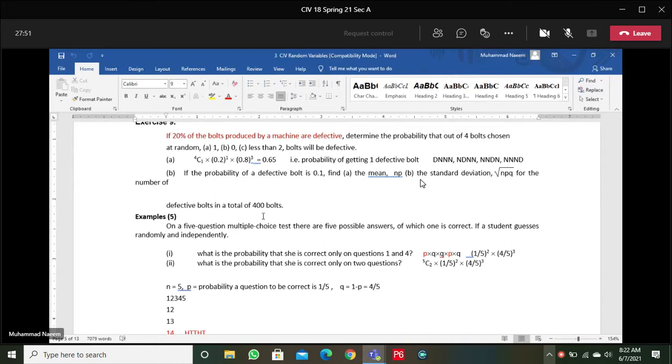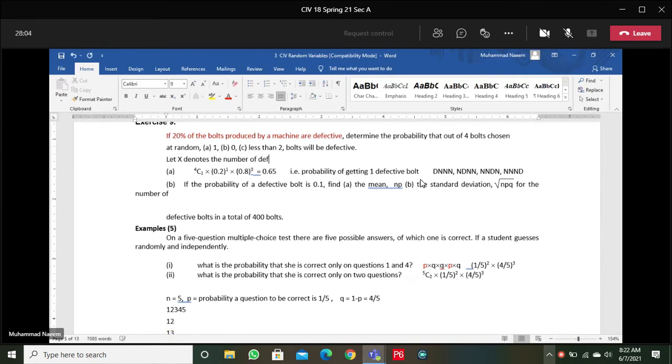X must show the number of defective items in the selected sample of 4. So the range of X is 0, 1, 2, 3, 4.